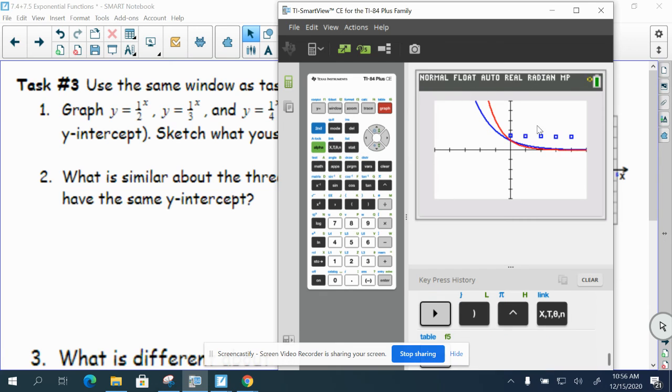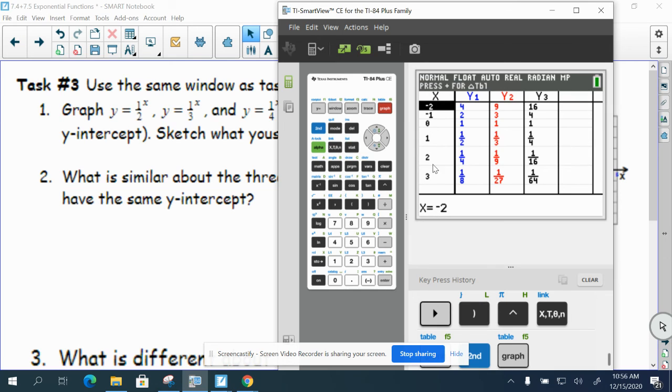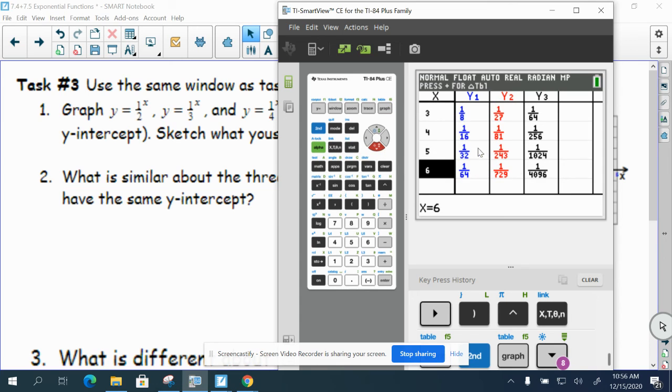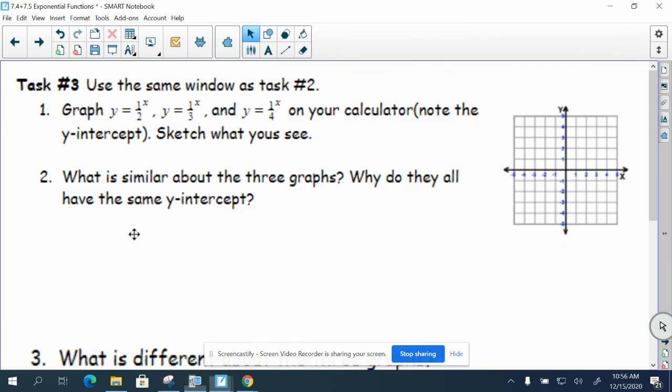Now, basically the same thing is going to happen. So the black line is still going to be the steepest. And if you look in the table, the numbers for the black one, 1/4 to the x, get smaller quicker, because 1/4,000 is definitely a lot smaller than 1/64.